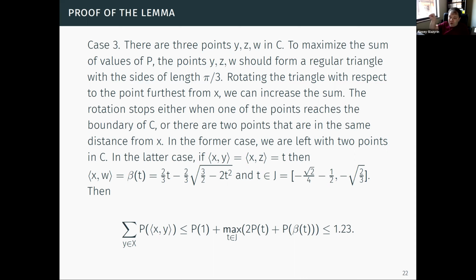So we're going to have 2 points furthest from x on the same distance, and the third point, it's again a 1 parametric family of configurations. We say that the scalar product is t. We find the third scalar product using t, and we get the polynomial inequality that we can easily check that it holds as well.